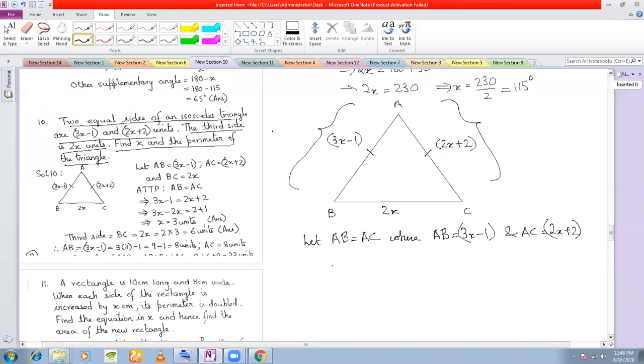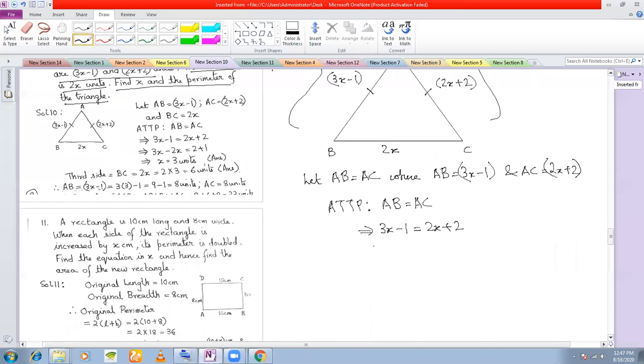Okay. So according to this problem, AB is equal to AC. So that means what is the length of AB? 3x minus 1. And what is the length of AC? 2x plus 2. So we have formed our equation to find x. We'll solve this equation.